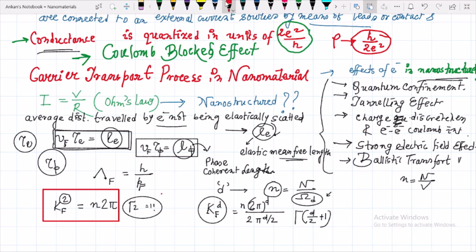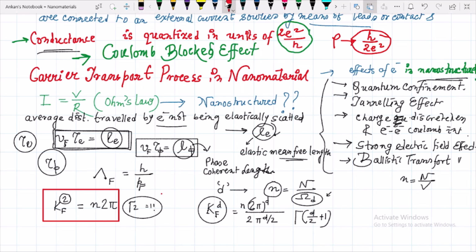Now let us point out the different conditions for the different effects to be shown by the electron inside the nanostructure, which I have already mentioned on the right hand side of this page.